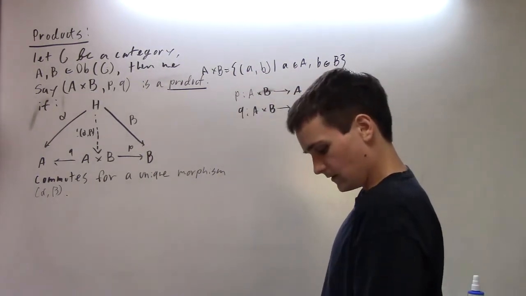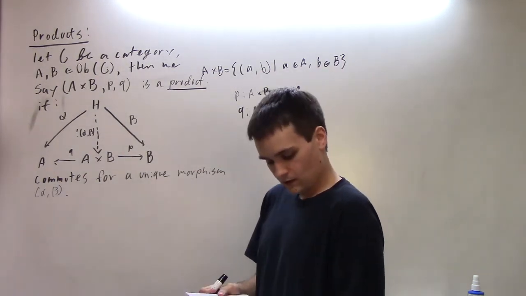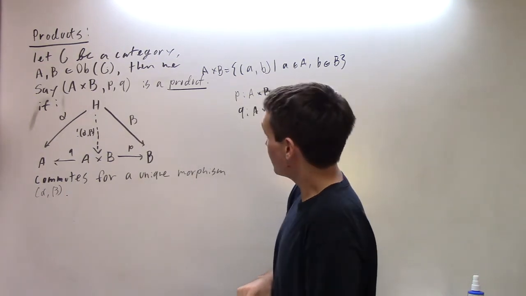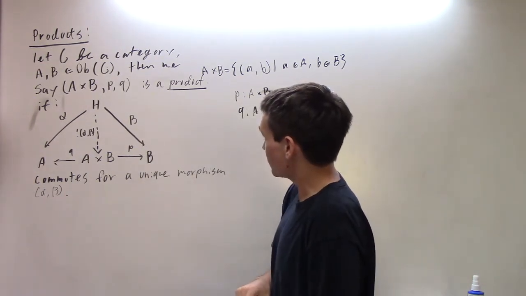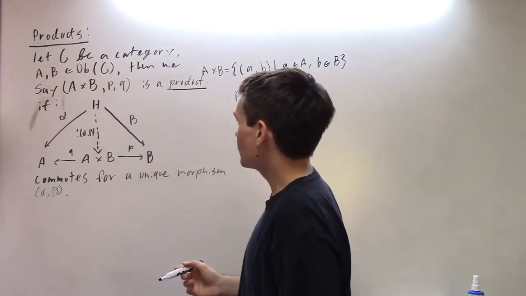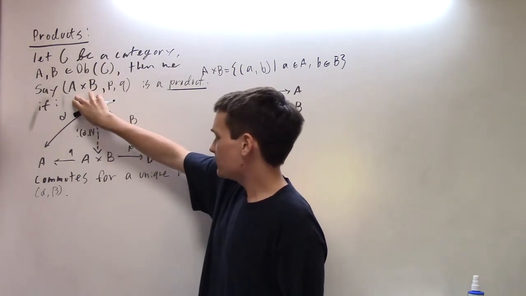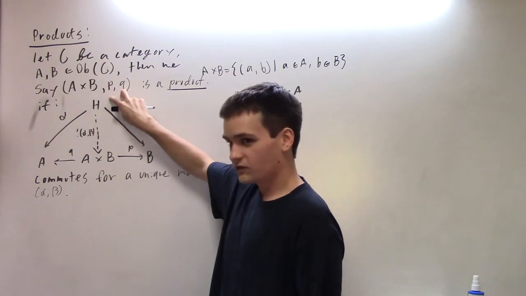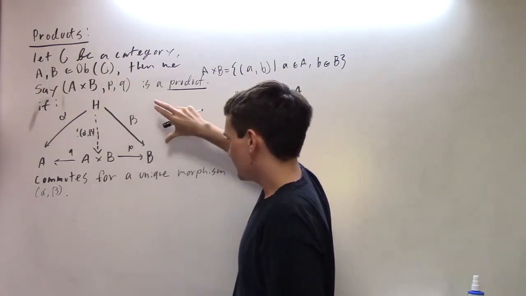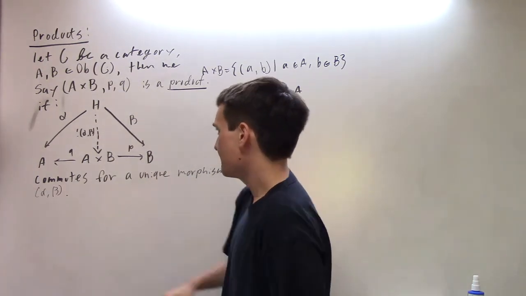So using that same idea, you can develop products in other categories. Here in the book, he talks about products in Top, but I just wanted to give a slightly more general viewpoint of those. So you can see I have the definition here. If C is a category and you have two objects in that category, then this object here, A × B, together with these two projection morphisms, forms a product if this diagram here commutes for a unique morphism (α, β).